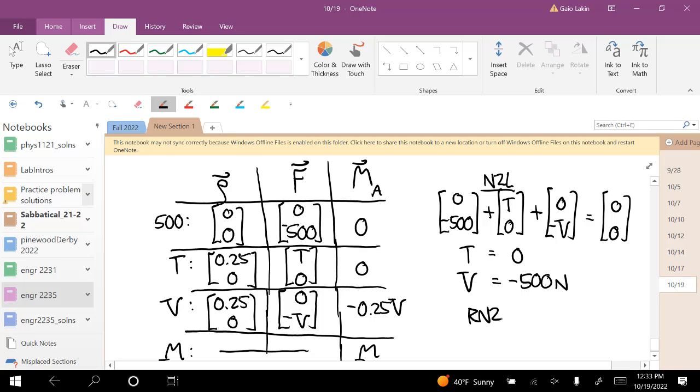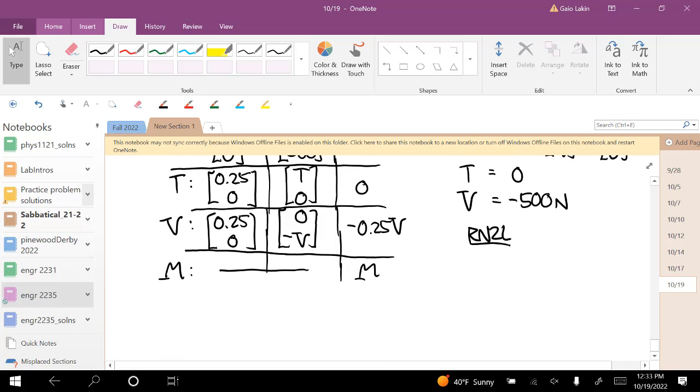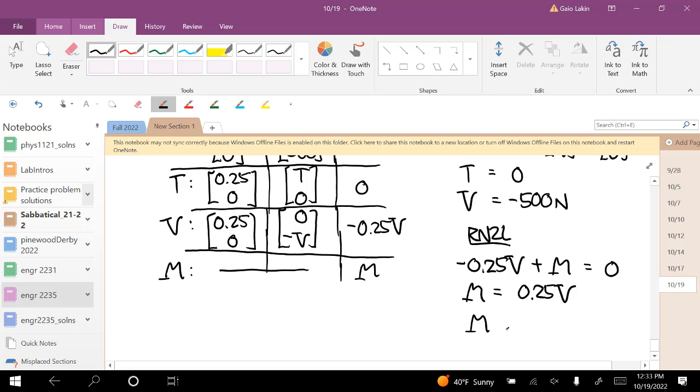And now the moment equation says negative 0.25 V plus M is equal to 0. So M is equal to 0.25 V. Plug in our value of V, and you get M is equal to negative 125 Newton meters.